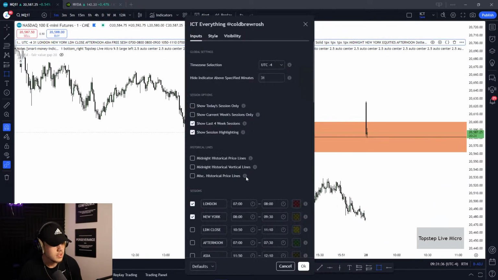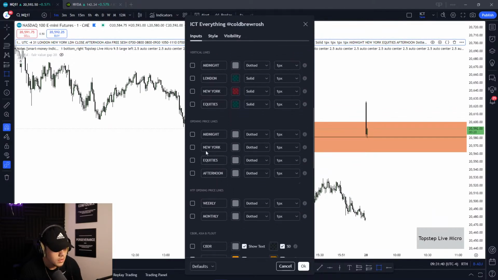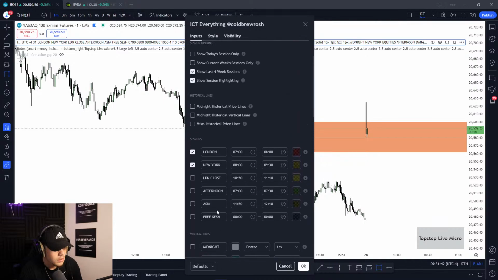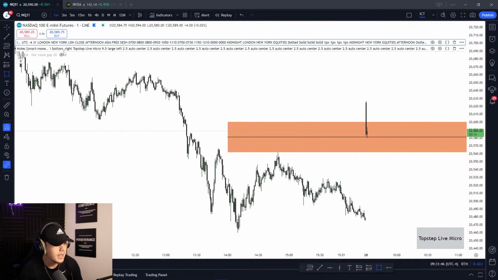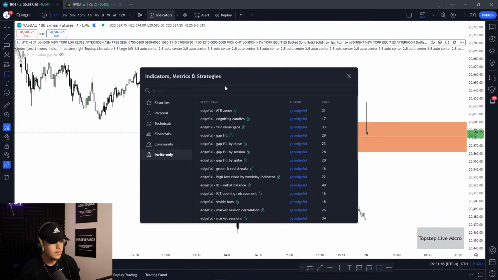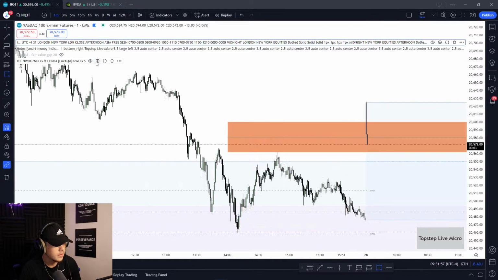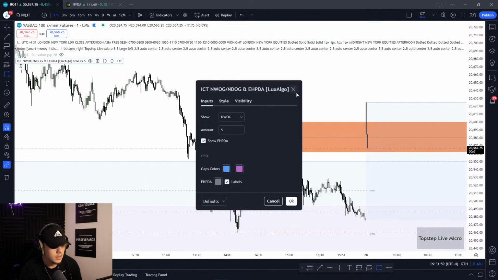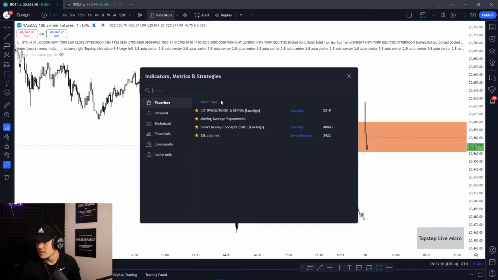So let me just open this up. I don't know where my indicator went. It's right here. No, it's not. That's Lux Algos. Give me a second, guys.